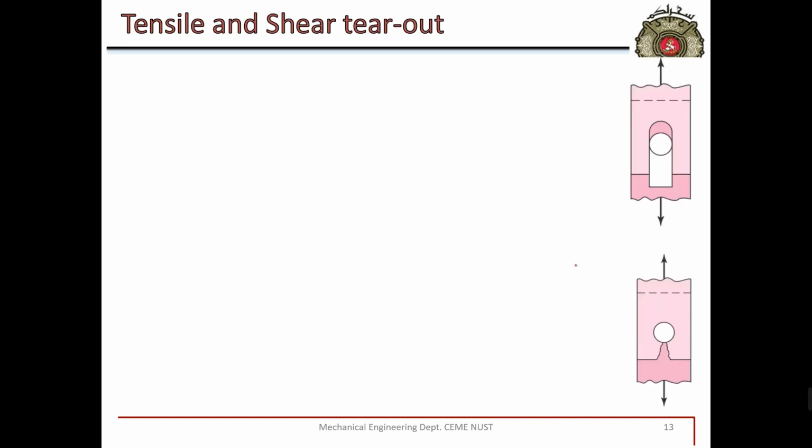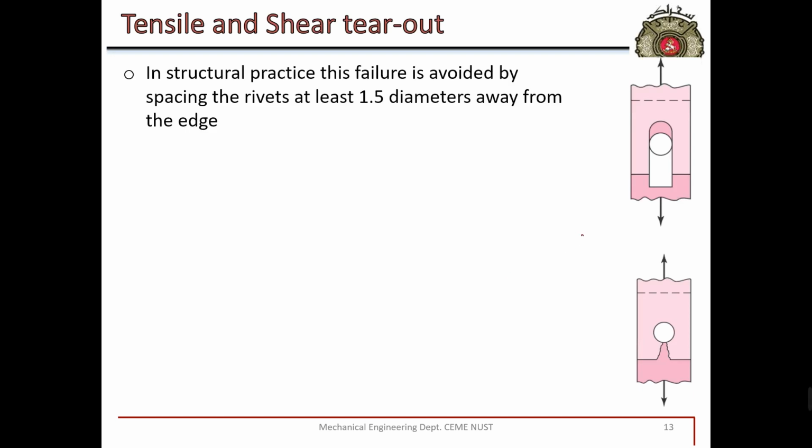Tensile and shear tear out. Just see the picture. If this is a plate and this distance is very small, and you apply load, it is possible that the material tears out from this portion.